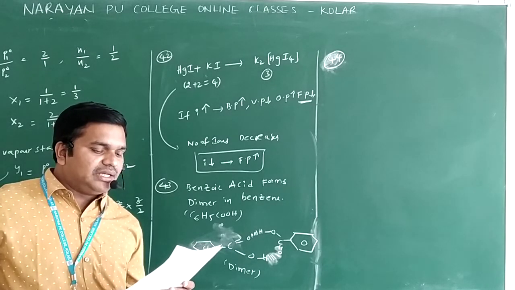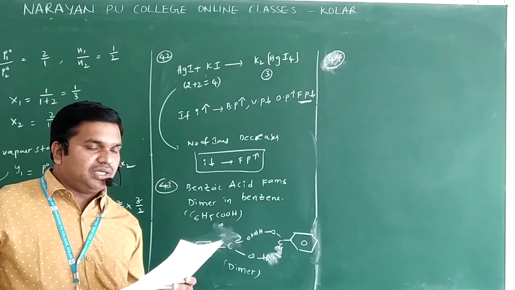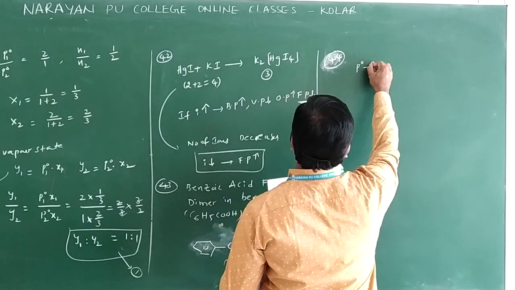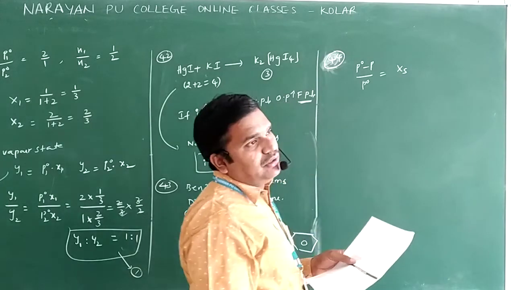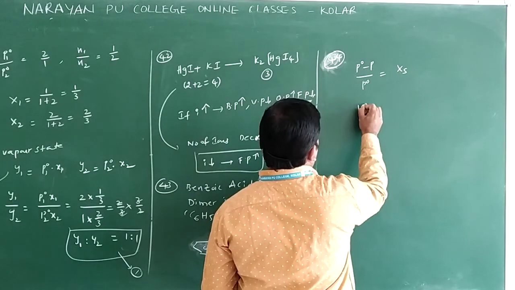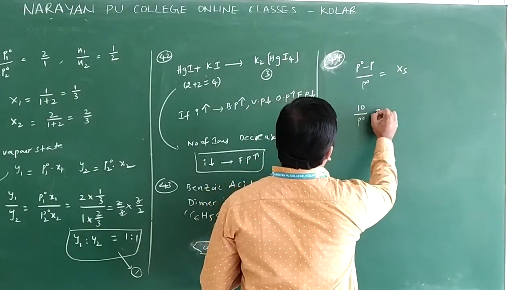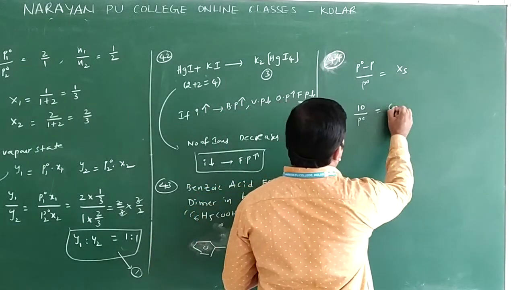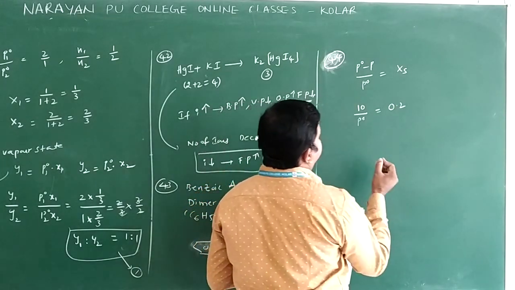You know one formula: (P0 minus P) by P0 is equal to the mole fraction of the solute. The decrease in vapor pressure is given as 10, so 10 by P0 is equal to 0.2, the mole fraction of the solute.